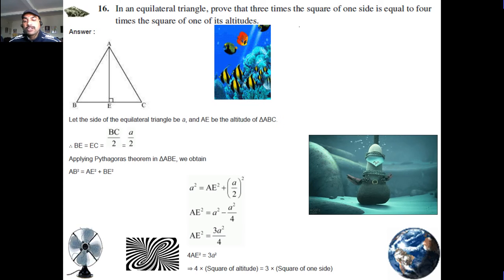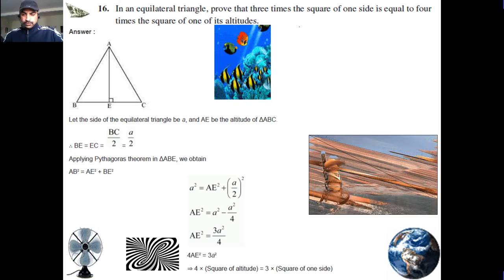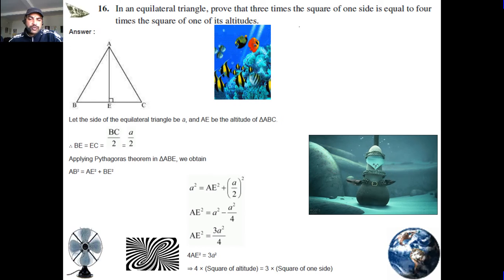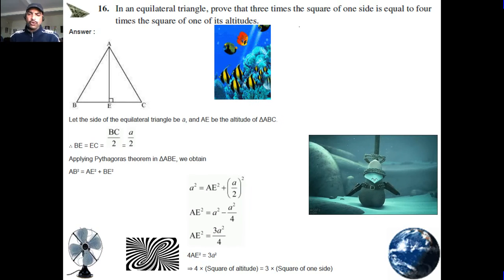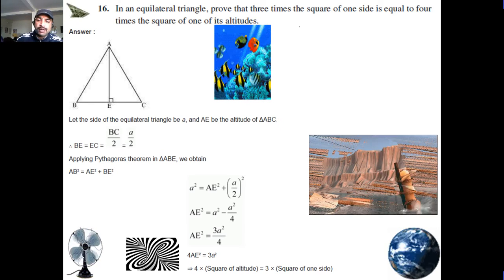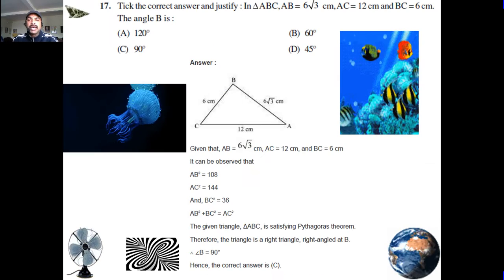AE square is equal to a square minus a square upon 4. AE square is equal to 3a square upon 4. 4AE square is equal to 3a square. This implies that 4 into square of the altitude is equal to 3 into square of the one side.